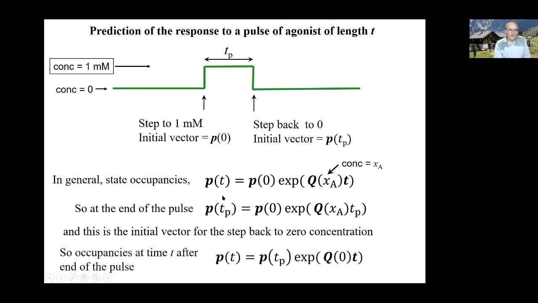So for occupancies at time t after the end of the pulse, the initial vector will be that, and the Q matrix will be that for 0 concentration after the end of the pulse.